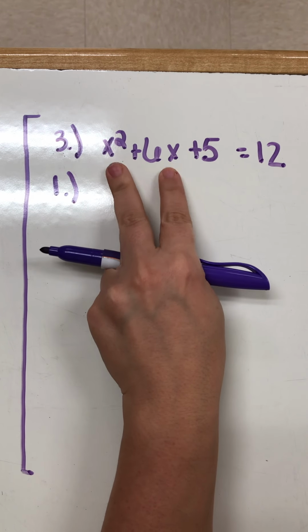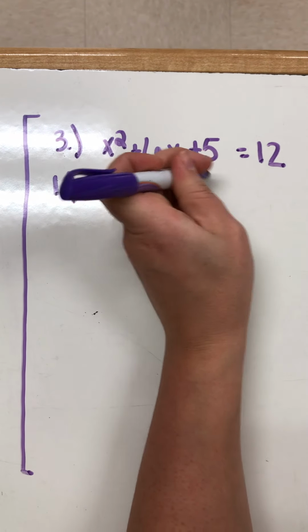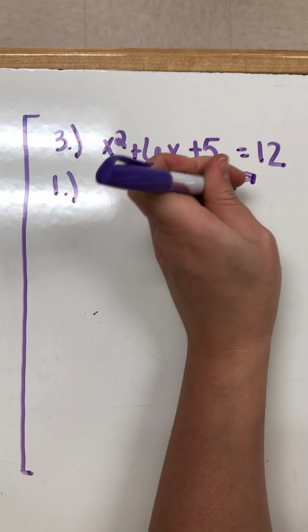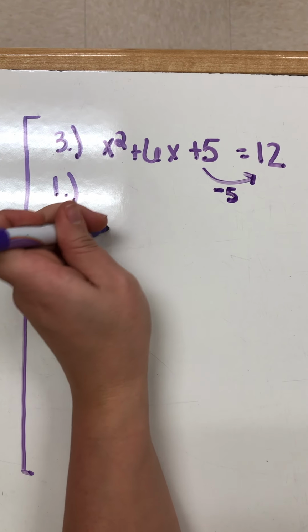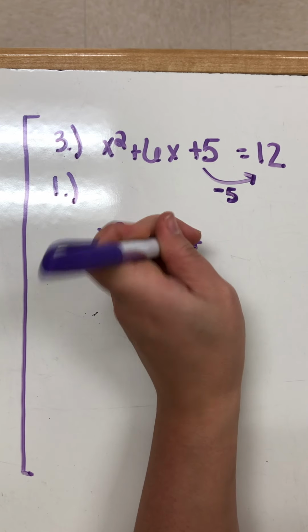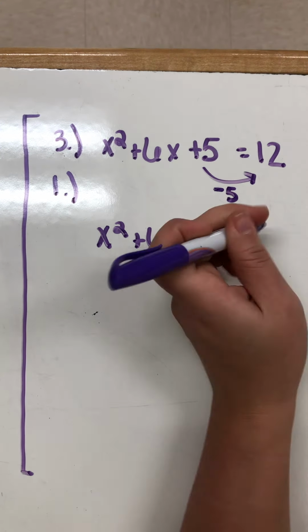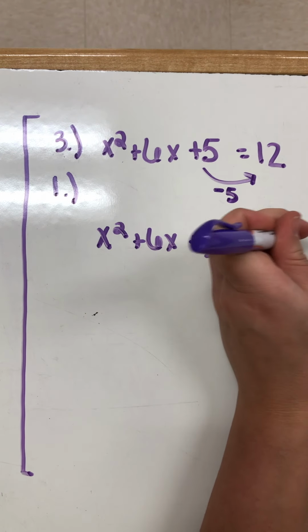You want to have only things with x's on the left side, so everything else is moved. To move it, I have to subtract it and then leave space. So x squared plus 6x plus blank equals, subtract 12 minus 5, that's 7, plus blank.